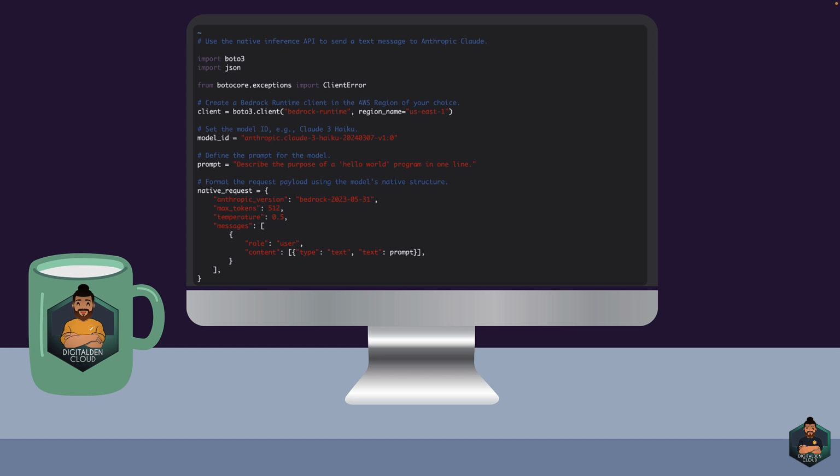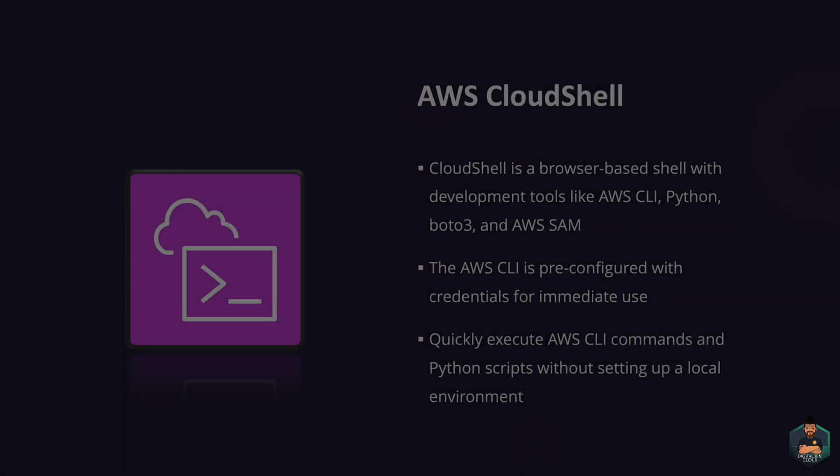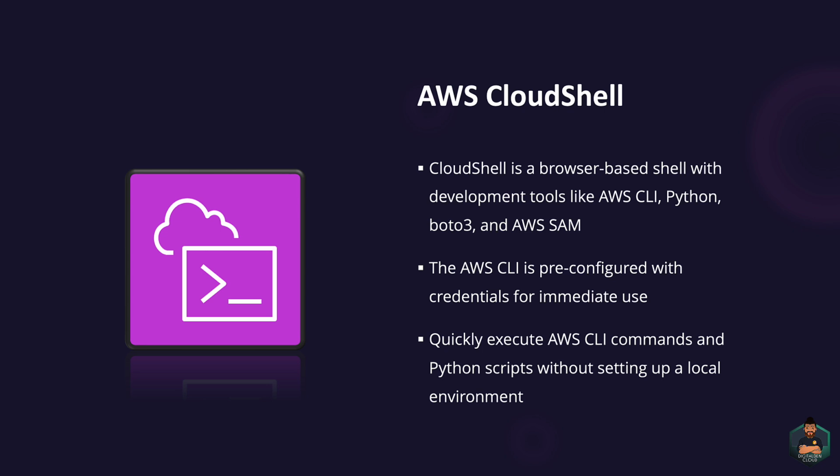In both cases, you will use the AWS CloudShell, a browser-based shell that comes pre-configured with development tools like the AWS CLI, Python, Boto3, AWS SAM, and plenty more. As the AWS CLI is already set up with the necessary credentials, you can quickly execute AWS CLI commands and Python scripts without needing to set up the local environment.